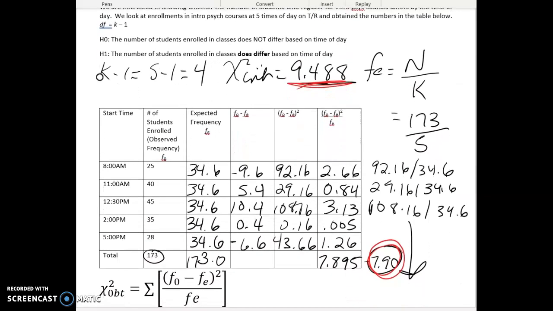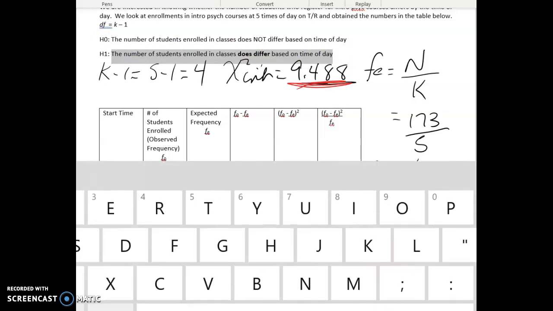And so to make this as simple as possible, we're just going to copy that, and we're going to report our results.